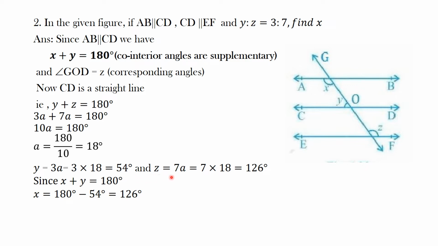And z is equal to 7a, which is 7 into 18, equal to 126 degrees. As we got the values for y and z, we can substitute in x plus y equal to 180 degrees, and therefore x is equal to 180 degrees minus 54 degrees, equal to 126 degrees.